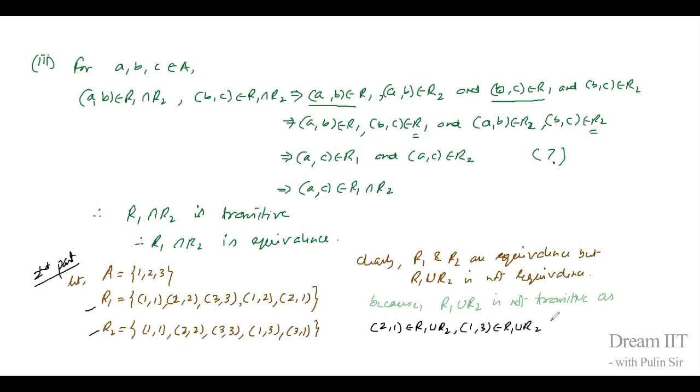If it were transitive, I should find 2 comma 3 also. But this does not imply that 2 comma 3 belongs to R1 union R2. So this is enough. We have given you the counter example.